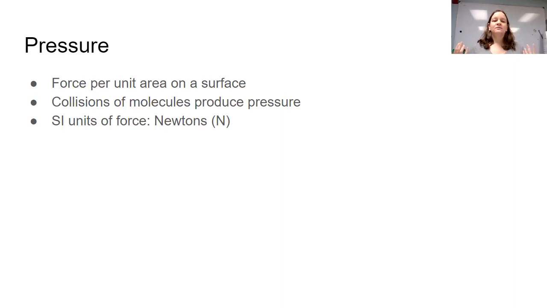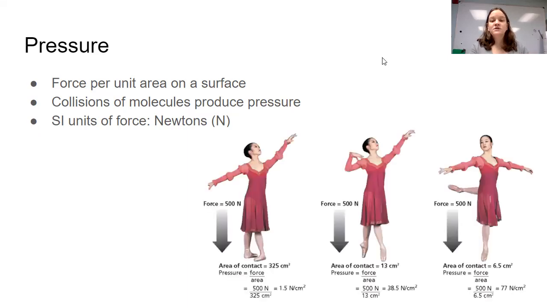Here we're describing the units of force because pressure is the force per unit area. Your book starts off by describing the units in terms of newtons per centimeter. The smaller the area of contact, the greater the pressure is going to be. Here we have a ballerina in 3 different positions. As the area of contact decreases, her force is going to be the same.